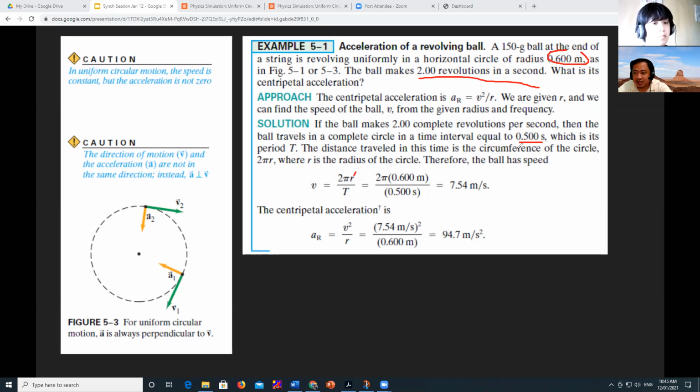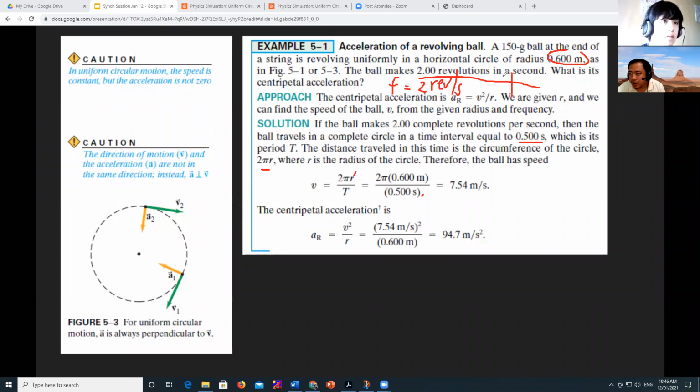The distance traveled in this time is the circumference of the circle, and the time elapsed is 1 period, 0.5 seconds. The frequency is 2 revolutions in a second, so f is 2 rev per second.